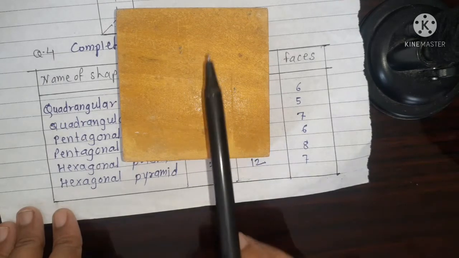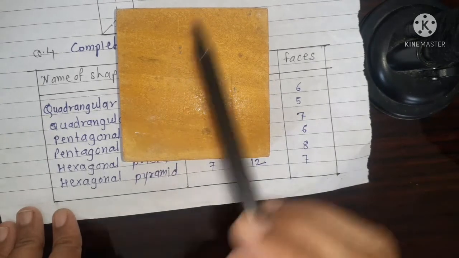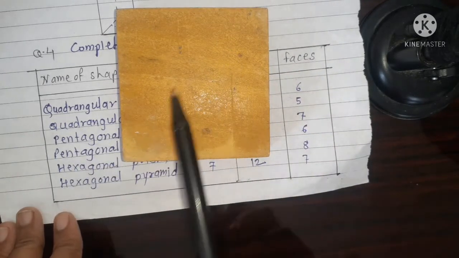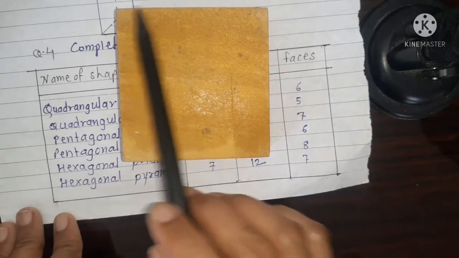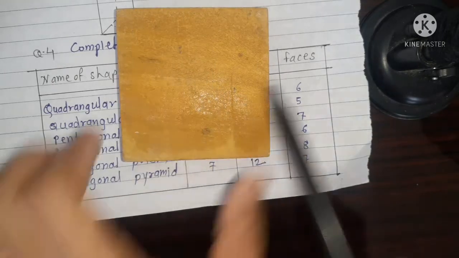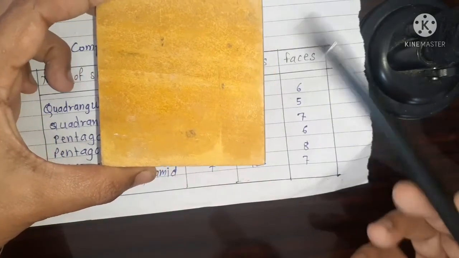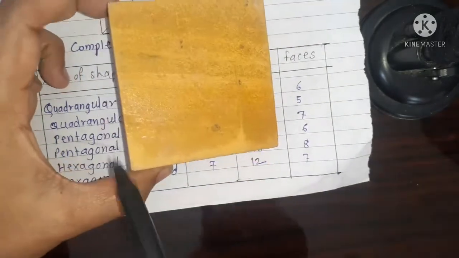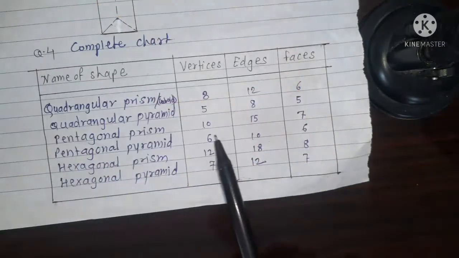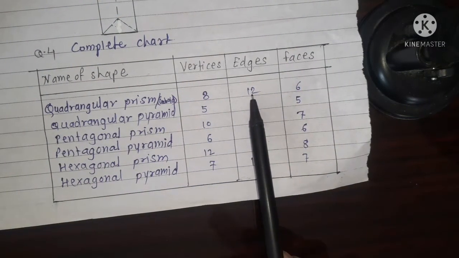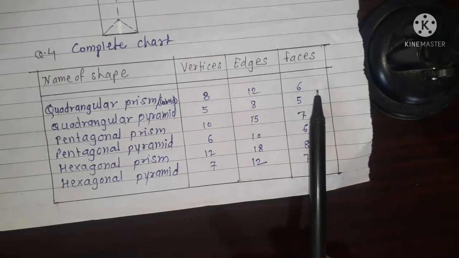Now we can count the faces: 1, 2, 3, 4, 5, base is the 6th face. Then we can count the edges: 1, 2, 3, 4, base edges are 4, 4, 8, 9, 10, 11, 12. So a quadrangular prism has 8 vertices, 12 edges, 6 faces.